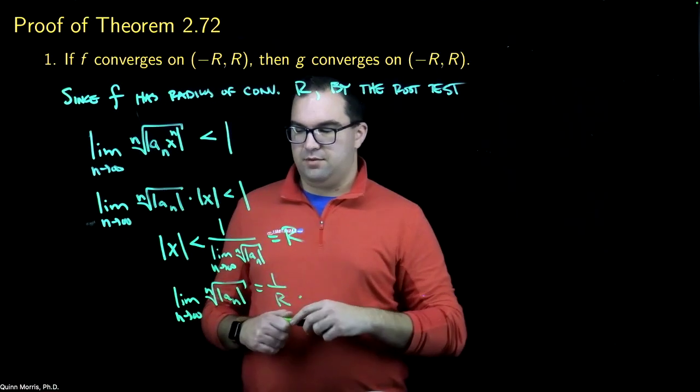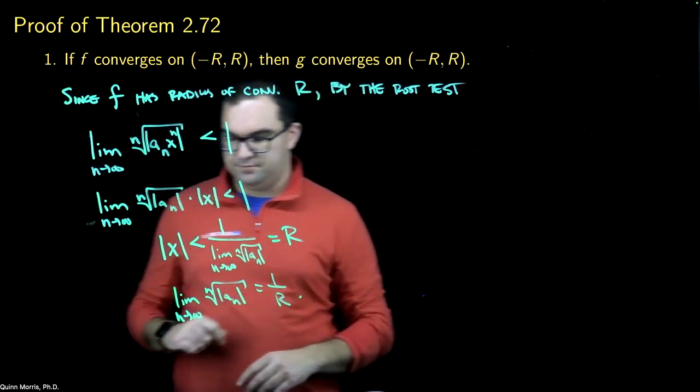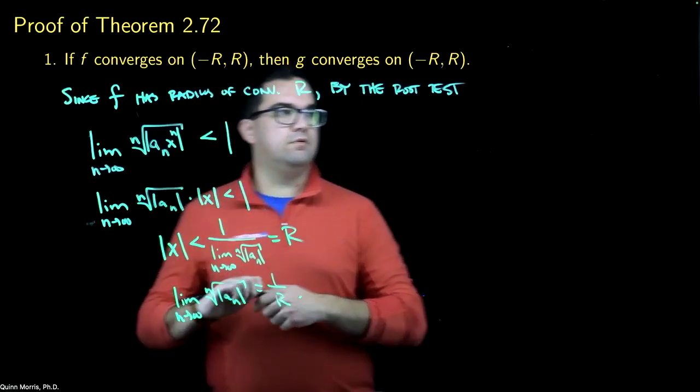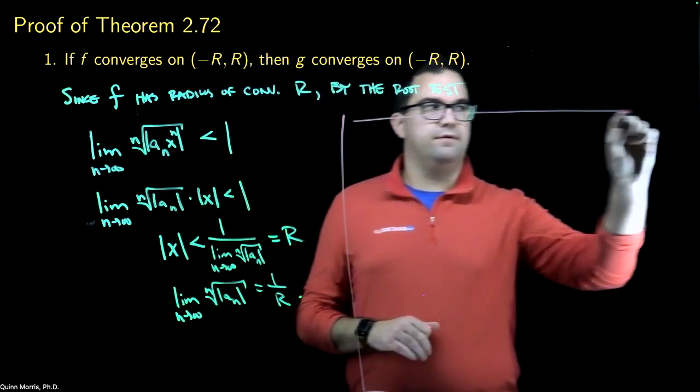Now, why is that going to be helpful? Because now I want to find the radius of convergence for G. Okay. So now, and maybe I'll carve out some space here.